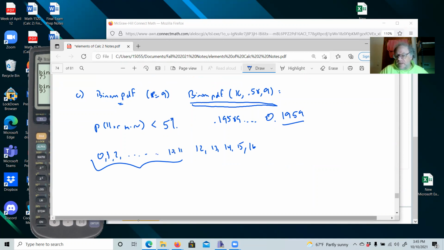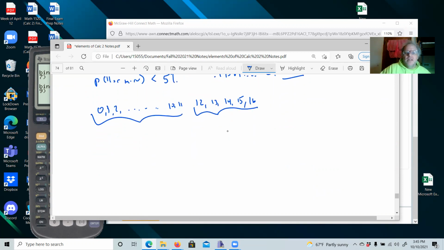Okay, so we're going to use a CDF this time, a cumulative function, because we want that collection. We want this collection of probabilities. So Binomcdf, we want 16 people, 0.58 up to 11.